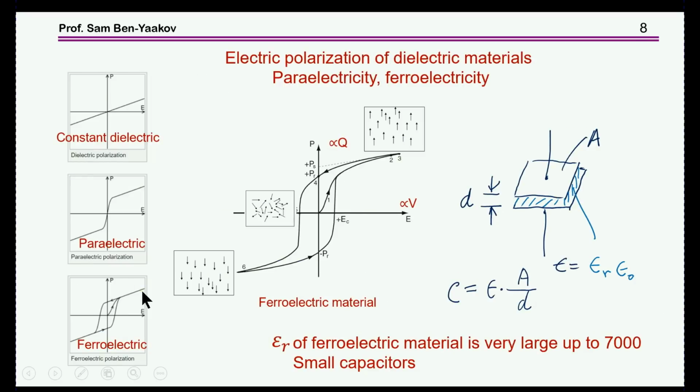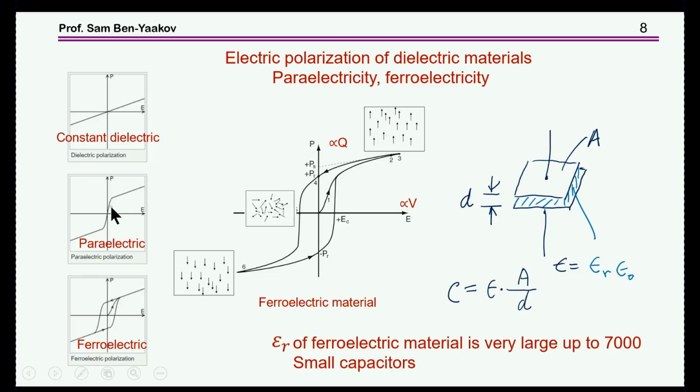So we distinguish between, say, three types of dielectric materials. We have a simple dielectric material, air, okay? Straight line between the polarization and the electric field. We have the paraelectric materials, in which we have a straight relationship, although it might be broken at a given point.